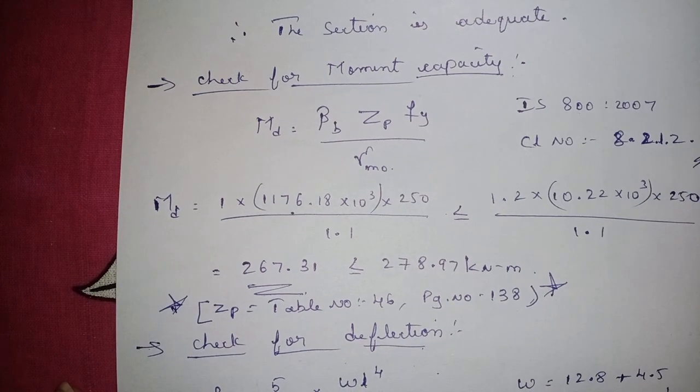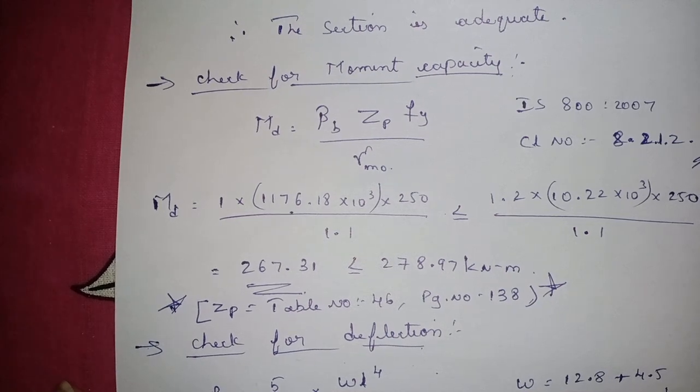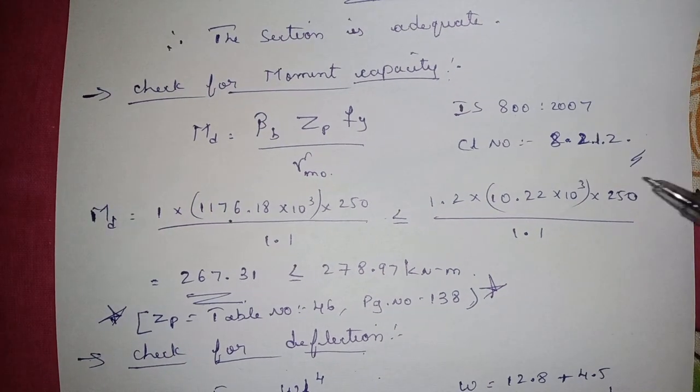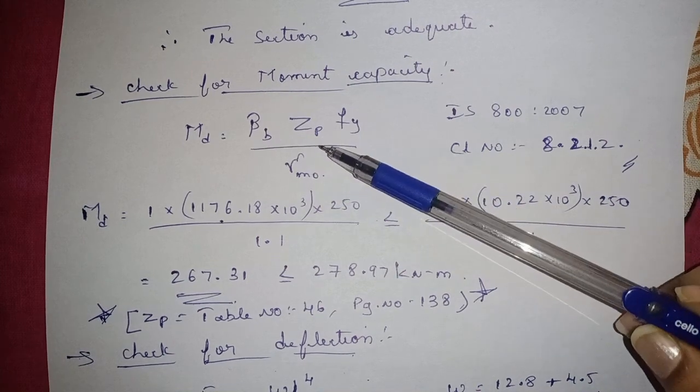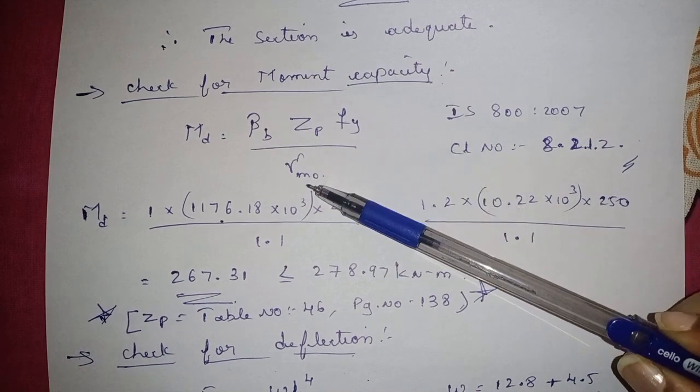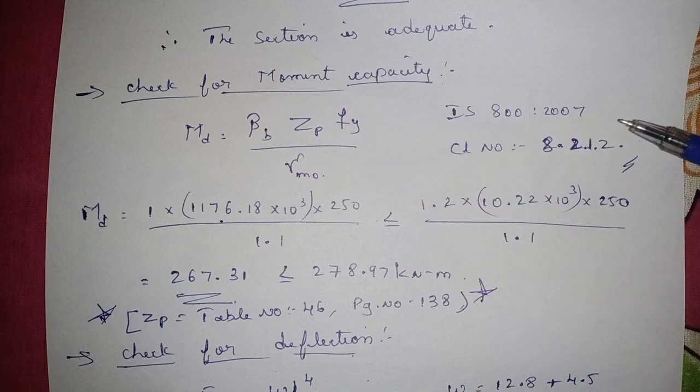So check for moment capacity. Again it is in clause number 8.2.1.2. It is beta b into Zp into Fy divided by gamma m naught. Search for this 8.2.1.2.